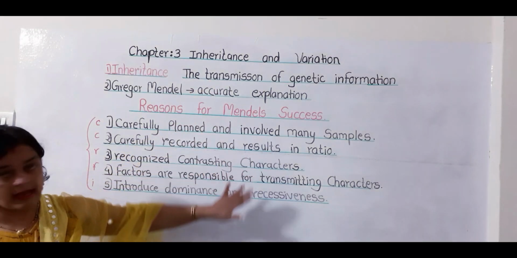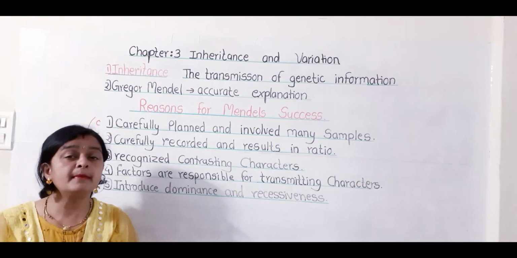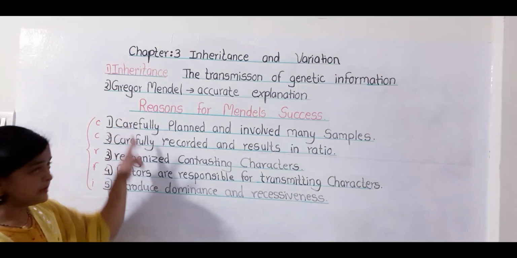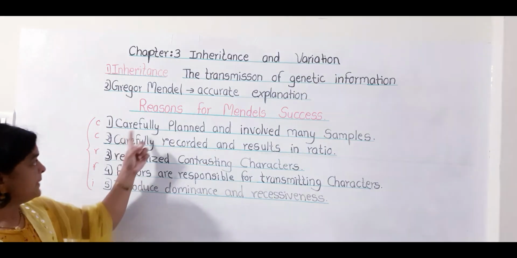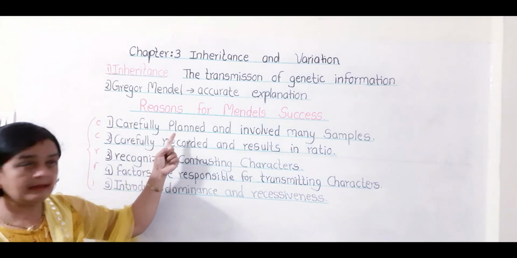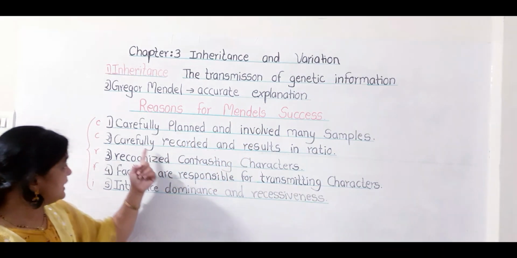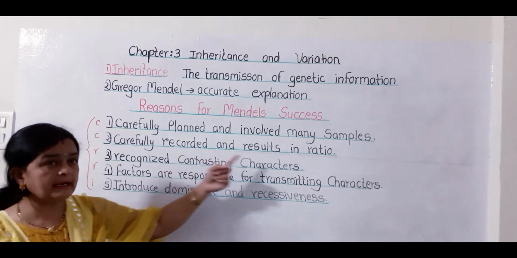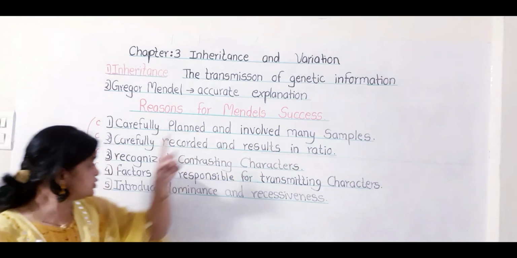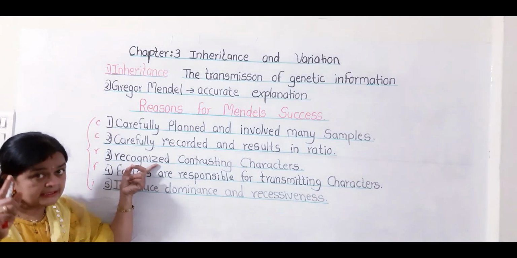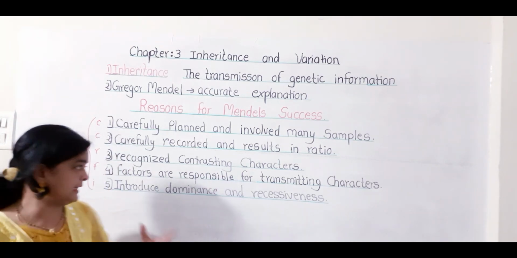So here we have studied 5 different reasons why Mendel got success. How will you keep this in mind? CCRFI. Mendel did everything carefully in a planned manner and involved many samples. He recorded everything properly and gave his results in the form of ratio. He was the first to recognize contrasting characters in an organism.